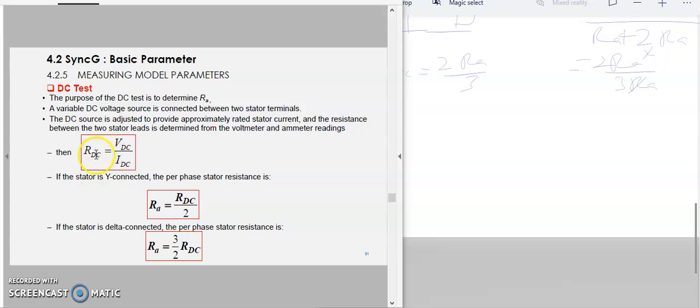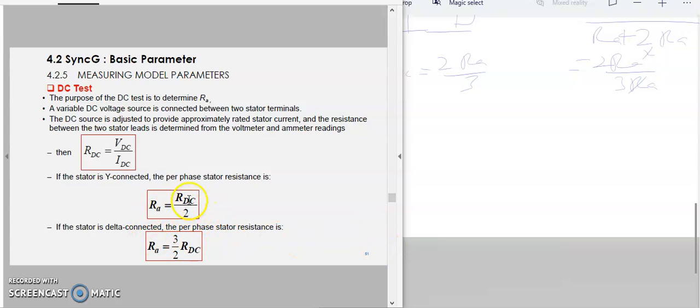Then we are able to know what RDC is. The DC source is adjusted to provide maximal stator current, and the resistance between two terminals is determined from the voltmeter and ammeter readings. We read the voltage and the current, and we put them in a graph.